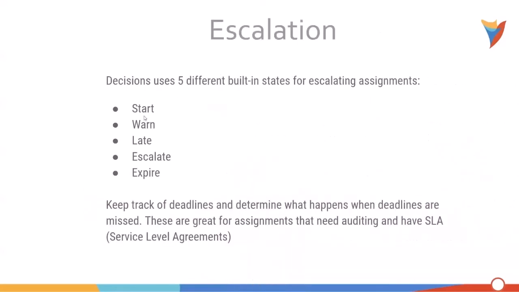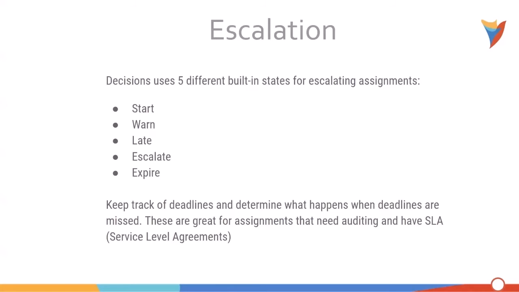Decisions allows a user to set escalations for assignments. They are built-in states, so you would just need to provide what you need. So for example, you can say, hey, let this assignment expire after 2 hours or after a day.